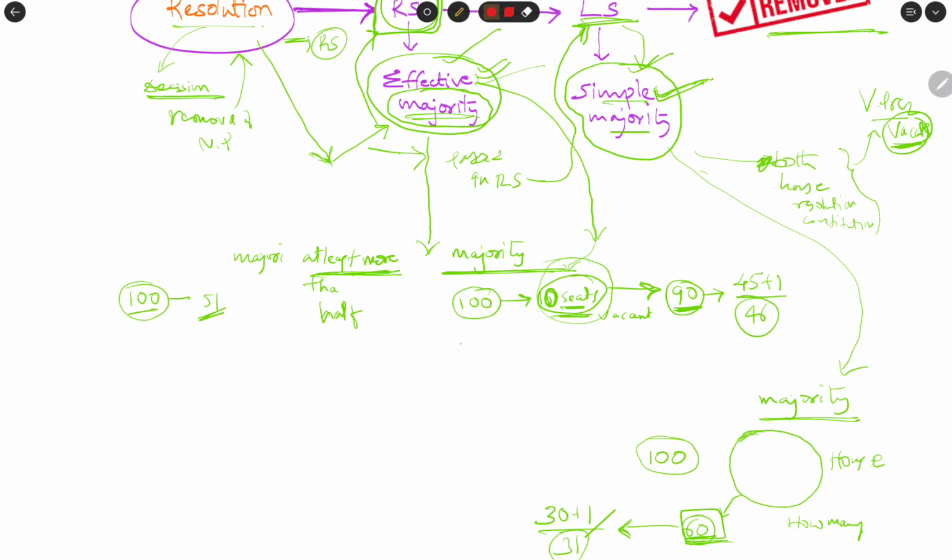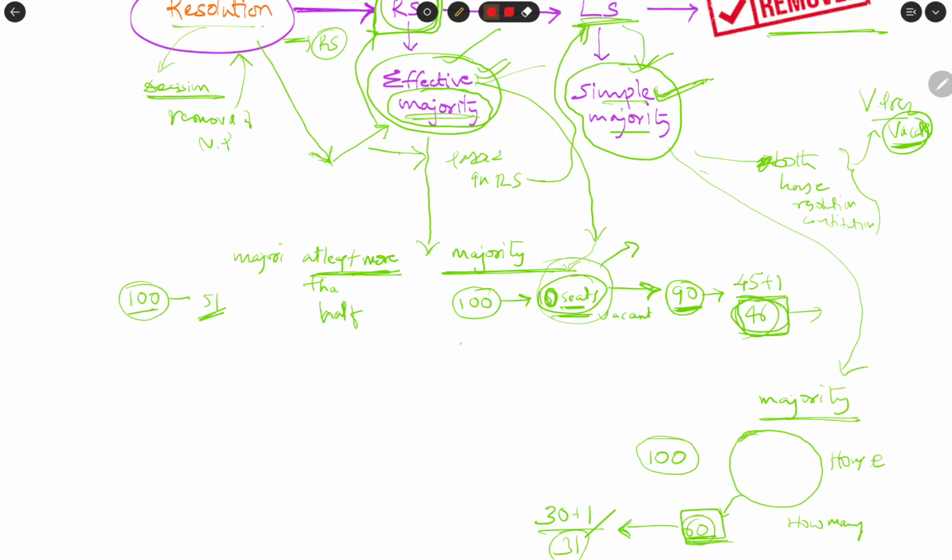If the resolution gets 46 support in the Rajya Sabha, it is passed. Okay, I hope it is clear. Effective majority means eliminating the vacancies, then calculating the majority.